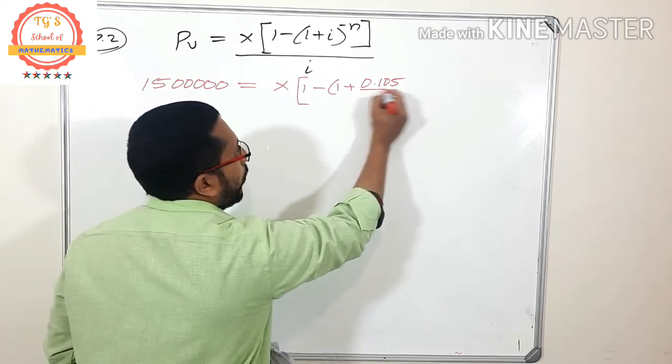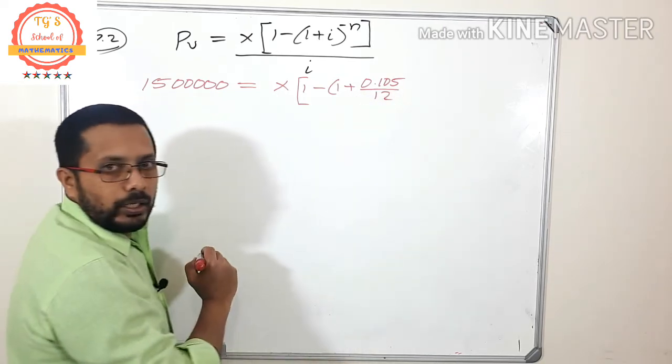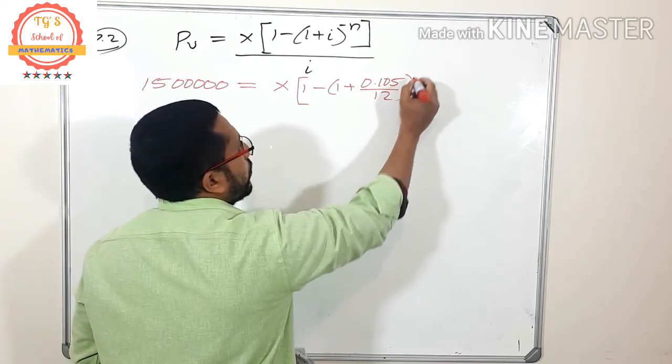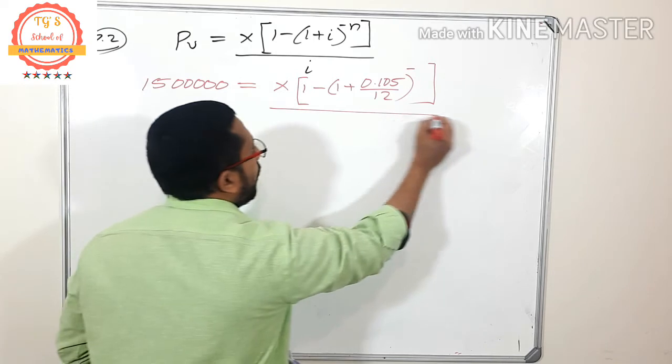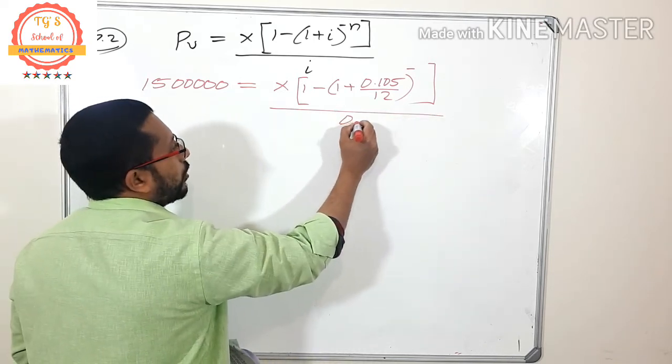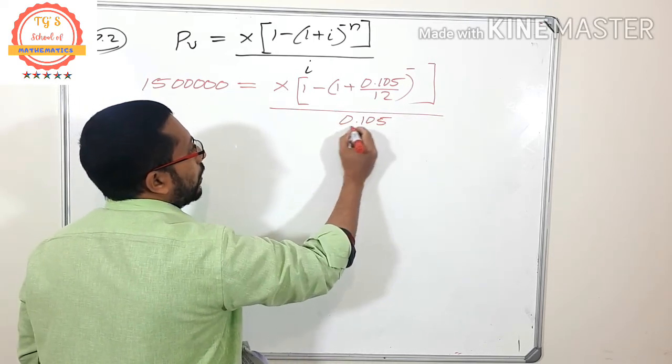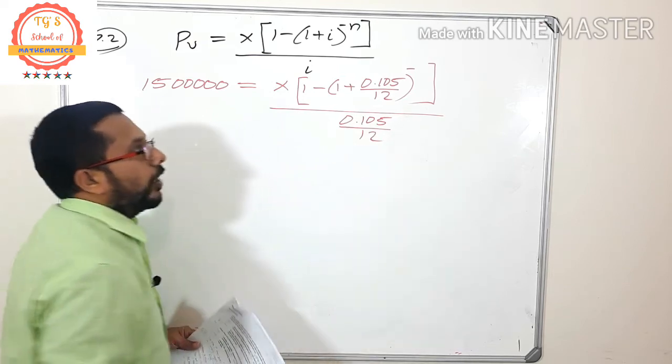Compounded monthly means divided by 12. The whole raised to minus something. The whole divided by i, which is 0.105 divided by 12.